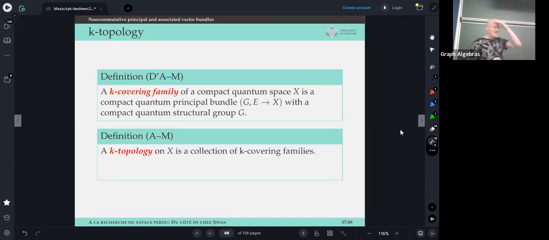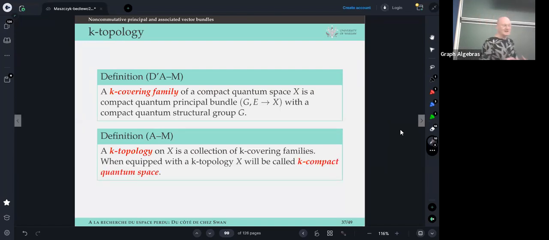Then a K-topology is a collection of K-covering families satisfying some properties. When we have this K-topology on X, we call X a K-compact quantum space. So it's an extra structure.